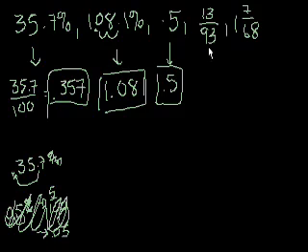Now, 13 over 93. To convert a fraction into a decimal, we just take the denominator and divide it into the numerator. So let's do that. 93 goes into 13. Well, we know it goes into 13 0 times, right? So let's add a decimal point here.